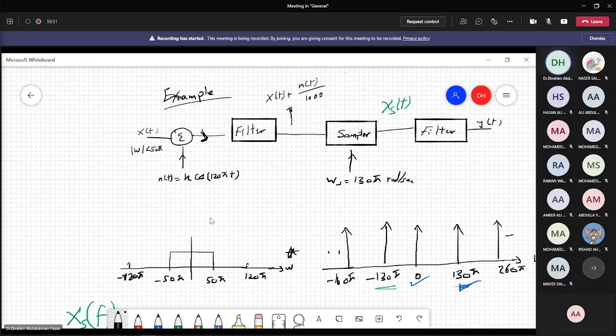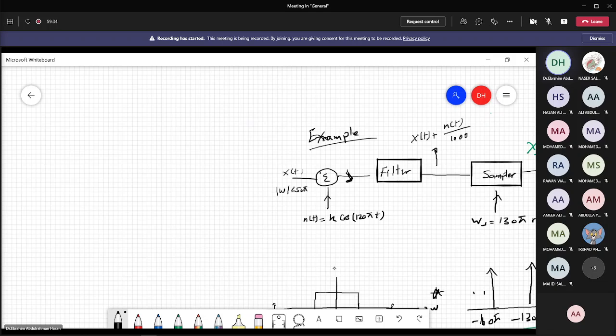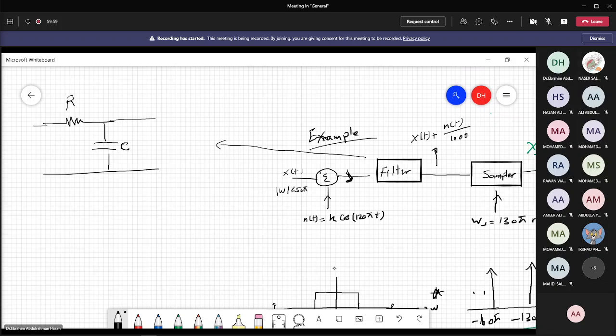This is a very simple filter. It is a low pass filter, which is this one. I'm going to pass x of t, n of t here. Down here, I will get x of t plus n of t divided by 1,000. So I just need to adjust R and C to get this 1,000 here.